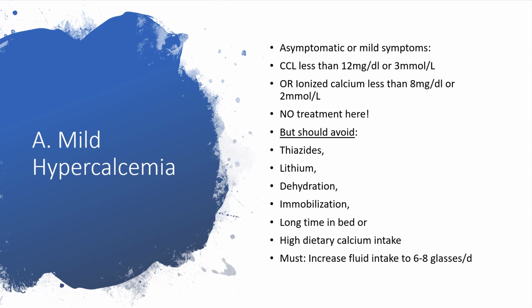That may be asymptomatic, or if there are symptoms, the symptoms will be mild. And at this stage, the corrected calcium level will be less than 12 milligram per dl or 3 millimoles per liter, or the ionized calcium level will be less than 8 milligram per dl or 2 millimoles per liter.